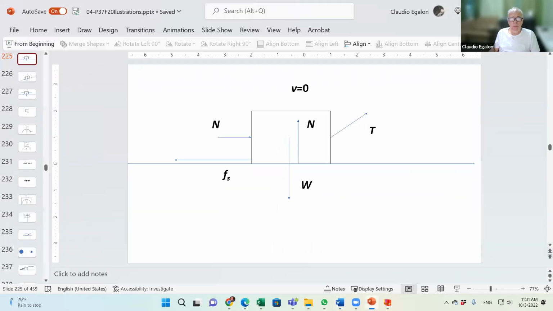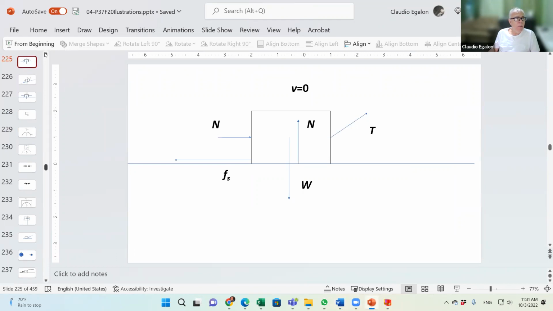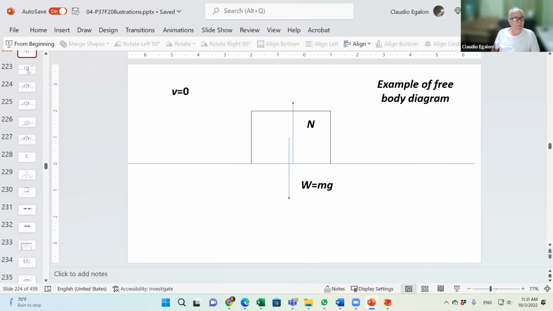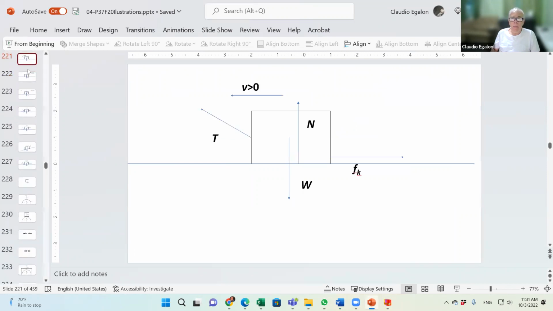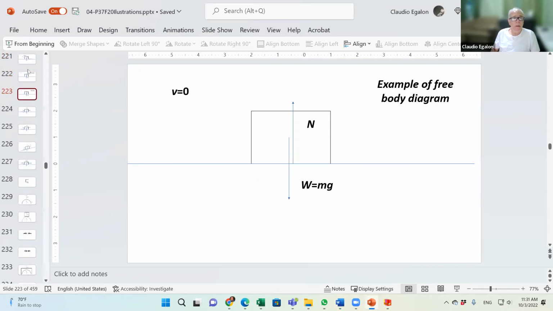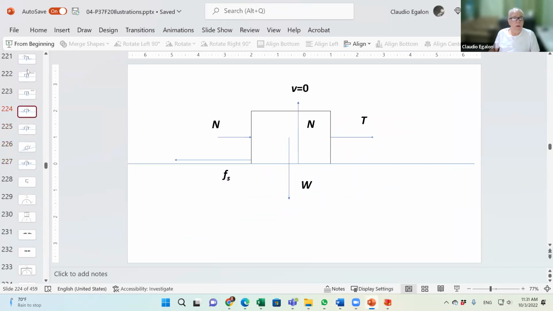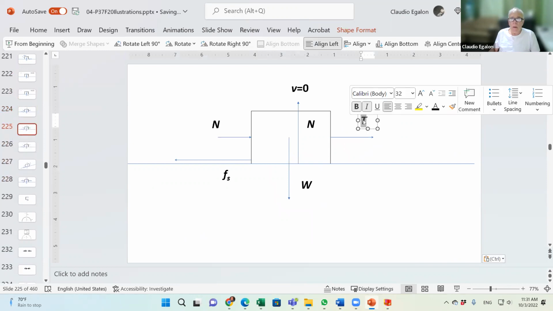If I'm going to illustrate it, here in my PowerPoint, it would be something like the following. Remember, it's a net force, right? Let's see here. I'm going to get this one here.